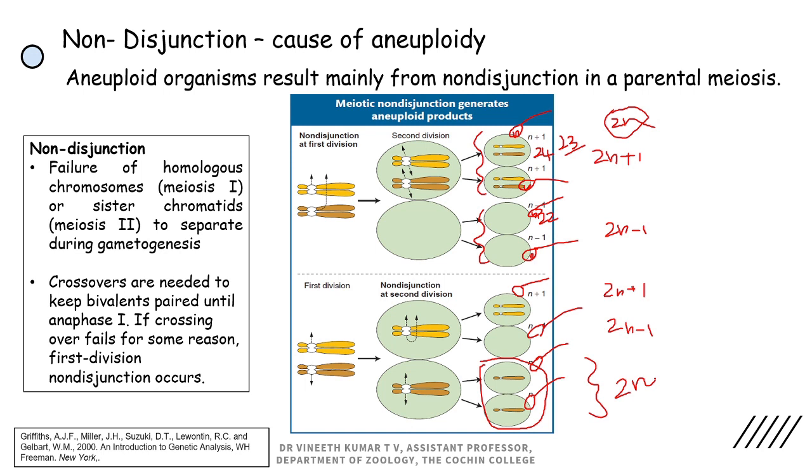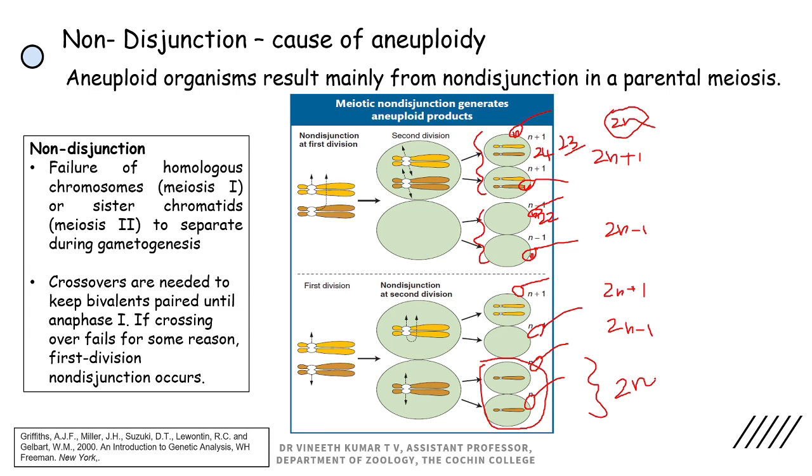So there will be processes like spindle fiber formation, the process of crossover, etc. There might be many errors happening because the system has now weakened, as it was waiting for 45 to 50 years.